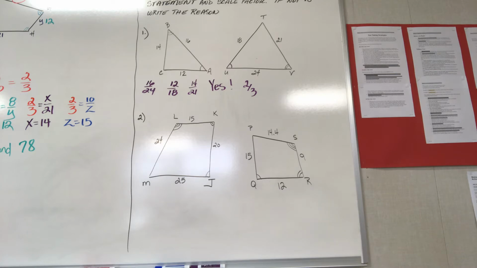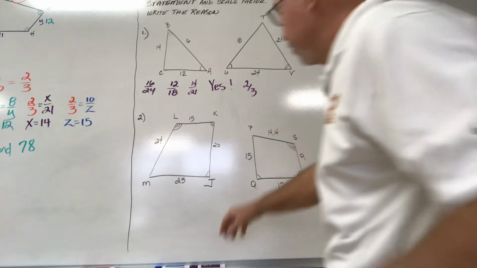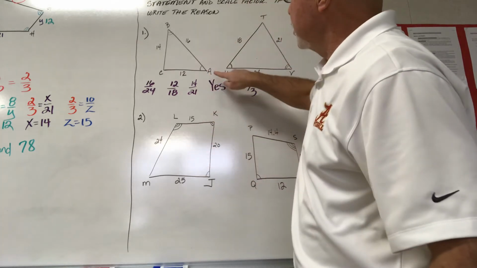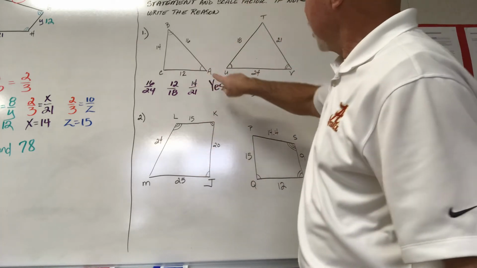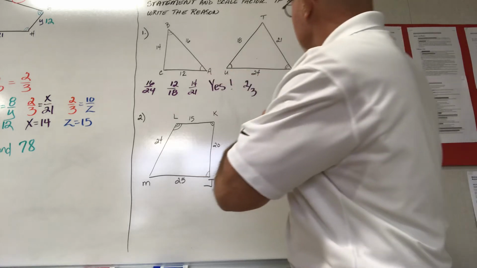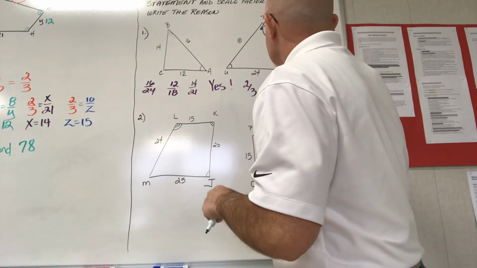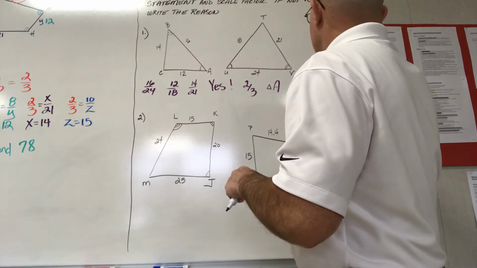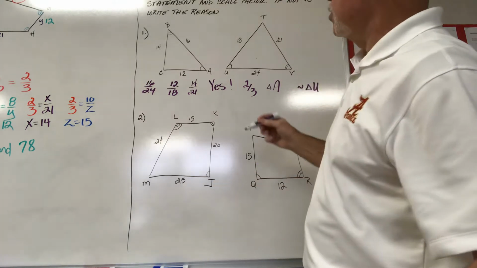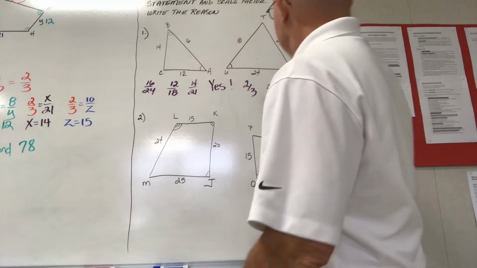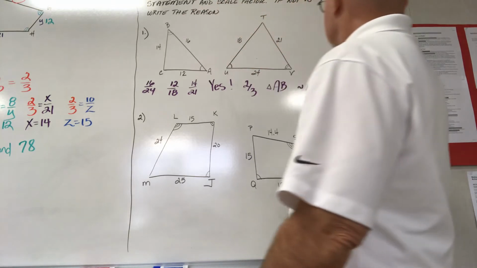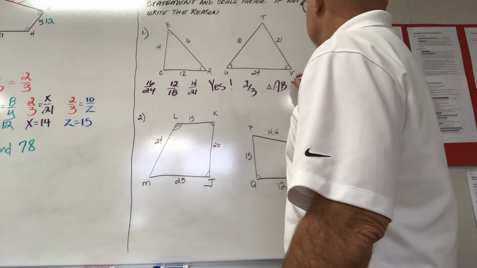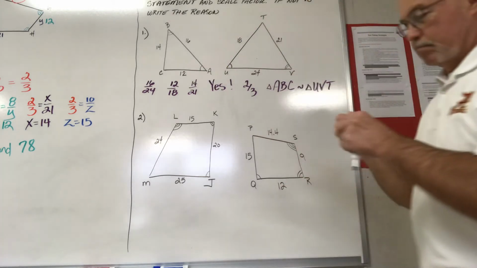Oh, I'm sorry, the similarity statement. When we are doing the similarity statement, we have to match them properly. So the A and the U go together. And I just do it this way. I go to the 2's, and then in this case the unmarked, so C and T.